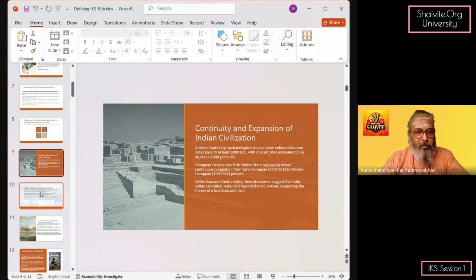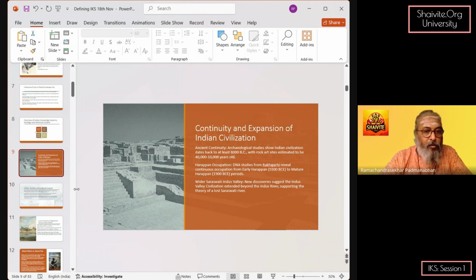And the sites that have been excavated clearly show that it was a society that was very, very advanced for its period in terms of hydro engineering, architectural brilliance, governance, trade and commerce, including logistics.